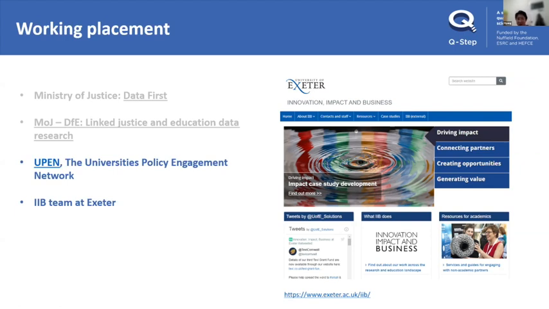This is how UPEN works. Universities have their own point of contact to have regular conversations with UPEN. Here at Exeter, we have the IIB team, which is our innovation, impact, and business team. It is a good idea to contact them if you're interested in any potential internship or outreach opportunities.